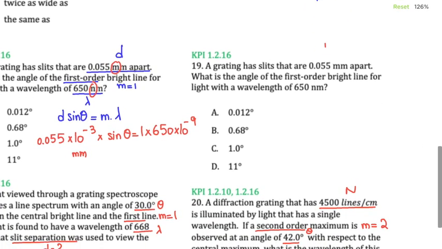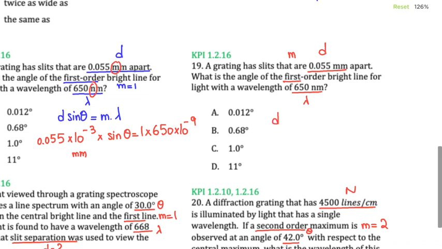Question 19. A grating has slits that are this much apart. What is the angle for the first order? So the first order means m equals 1, for light of wavelength also given.